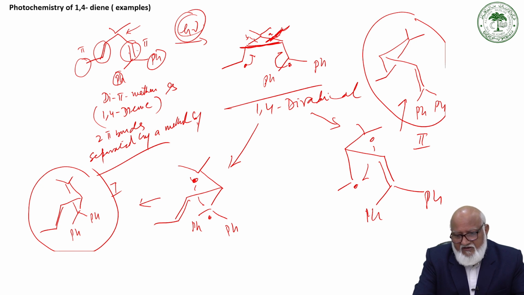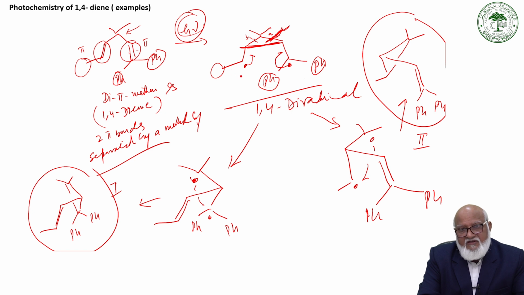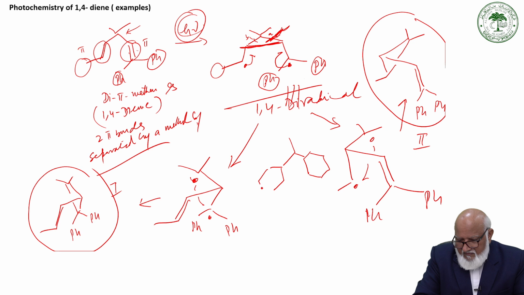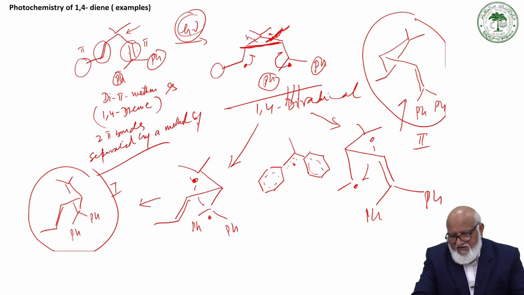The most stable radical, you can see this radical is adjacent to a phenyl group, whereas this radical is adjacent to a methyl group. There is no such stabilization of this radical, whereas this radical is delocalized due to the presence of the phenyl groups, so you can see that this radical is moving all the way to the two phenyl groups and is highly stabilized.